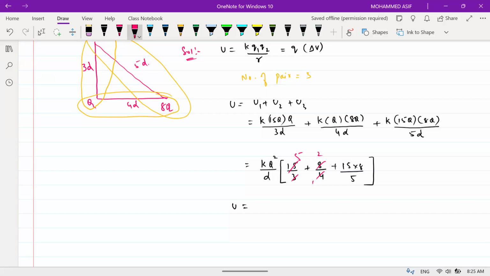So this will be equal to how much, beta? 120 upon 5. So how much will it be? 24. So now add all of them. So it will be equal to how much right now?